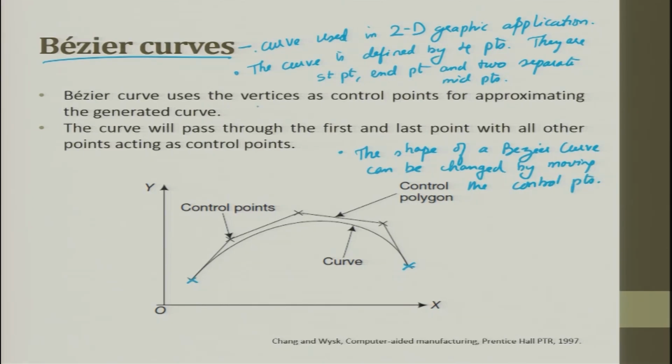So, Bezier curve uses vertices as control points for approximating the generating curve. The curve must pass through the first and last point, that is compulsory, with all the other points acting as control points. So, you do not have to pass through them, but the curve has to go close to those control points.